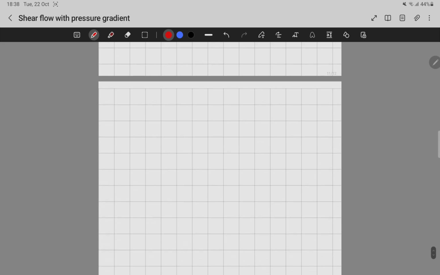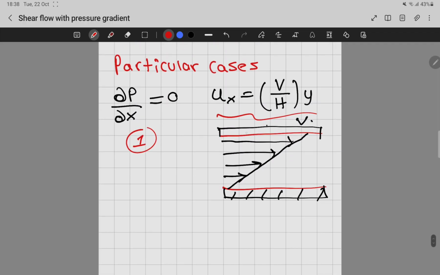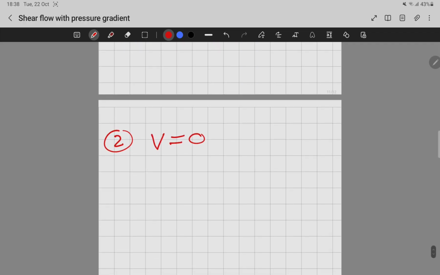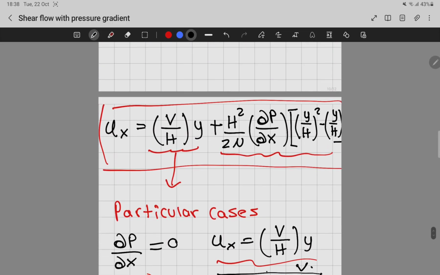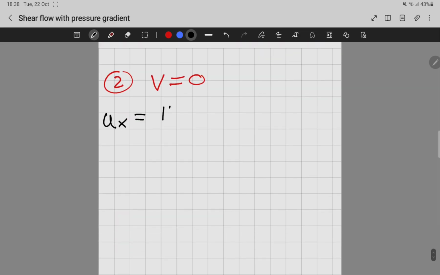Now for case 2, what happens when B is equal to 0? That means when the top plate is not moving. So we have a velocity profile contribution that comes from all this term, which is going to take this form.